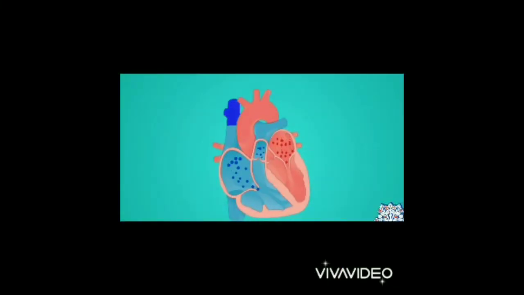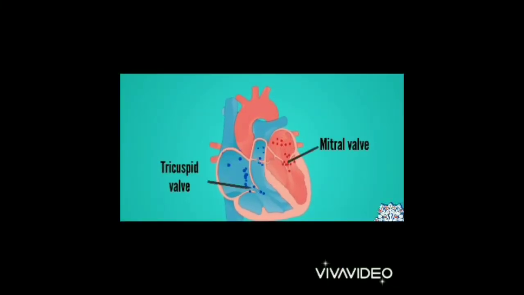Simultaneously, the oxygenated blood returning from the lungs passes through the pulmonary veins and fills the left atrium. The open atrioventricular valves aid the unstrained flow of blood from the atria to the ventricles.